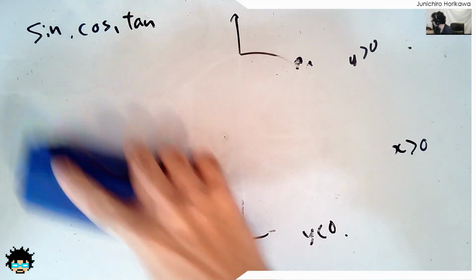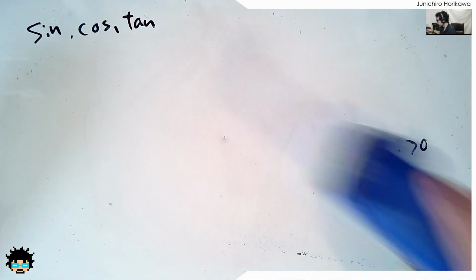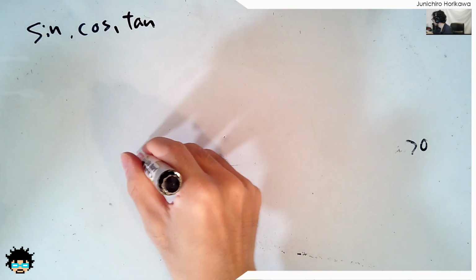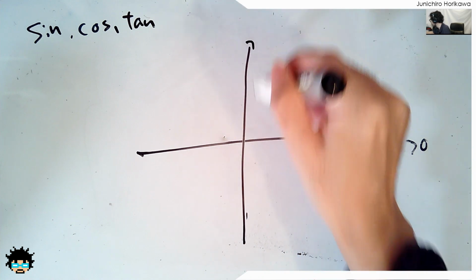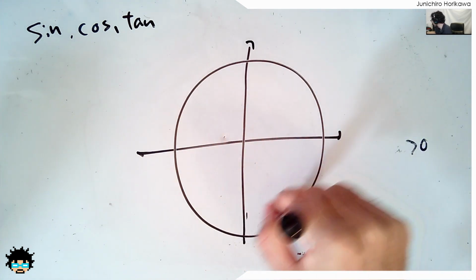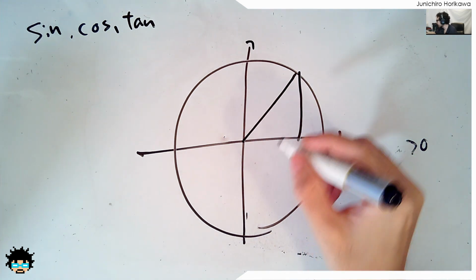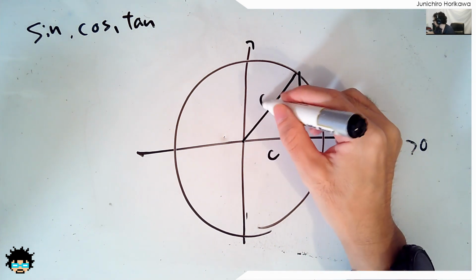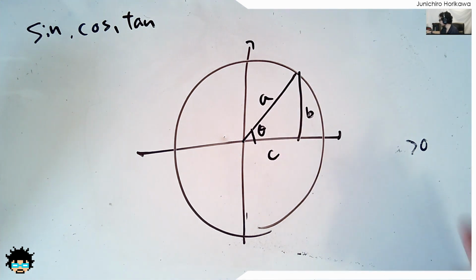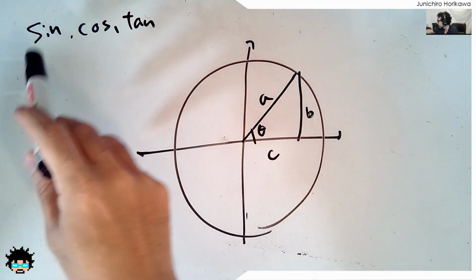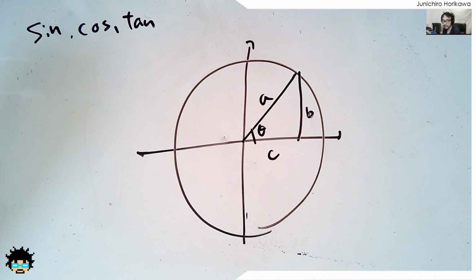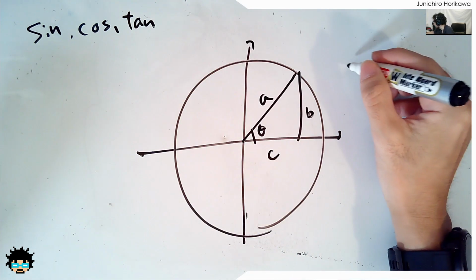Now let me redraw this and start with a really simple example, which is this triangle, when B and C are positive and you have theta. Now the sine function, cosine function, and tangent function draw a relationship between those 4 pieces of information, and you can use this to express it like this.